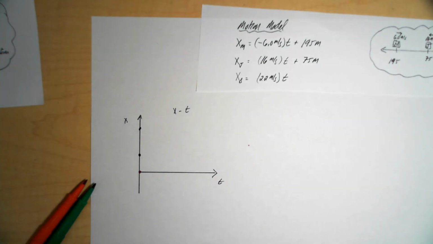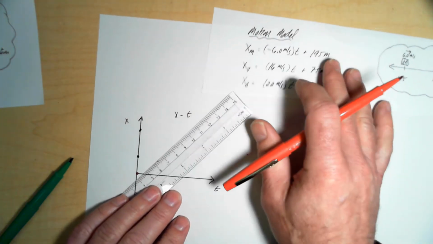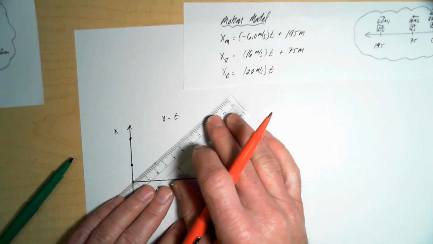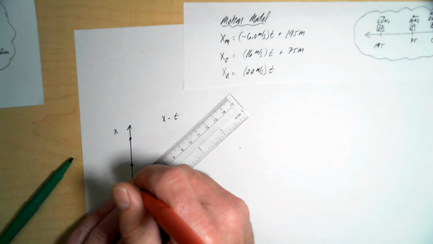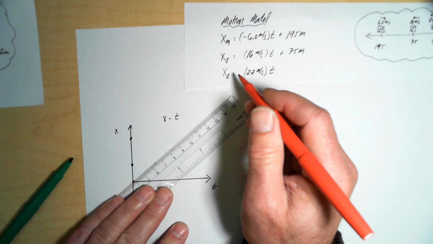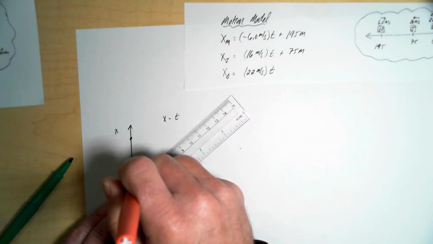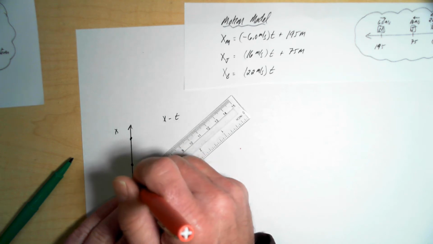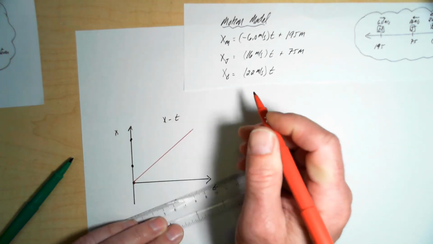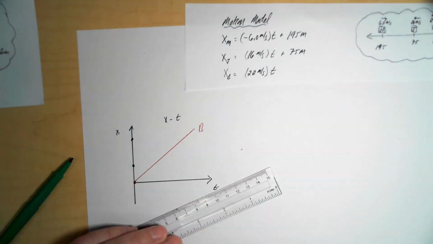All right, so now let's do the bus. Okay, so the bus is going at some speed. It's going to be going fastest. And there's the bus. All right.